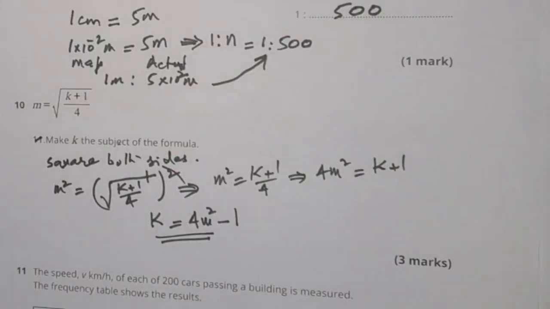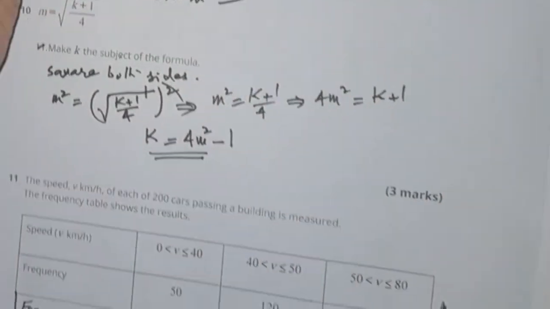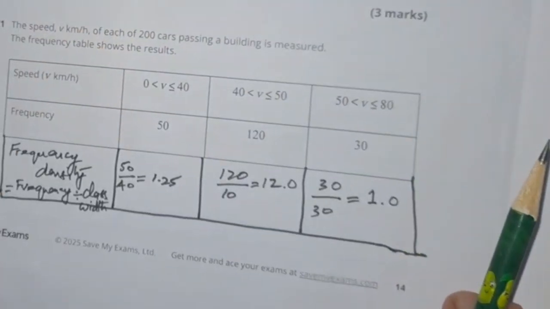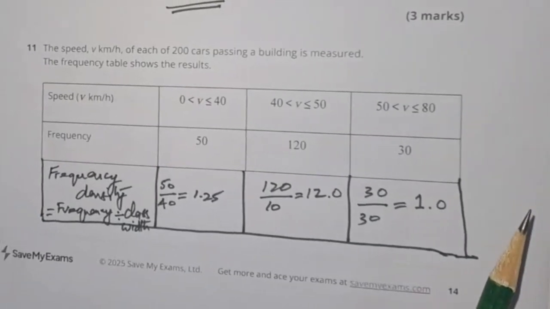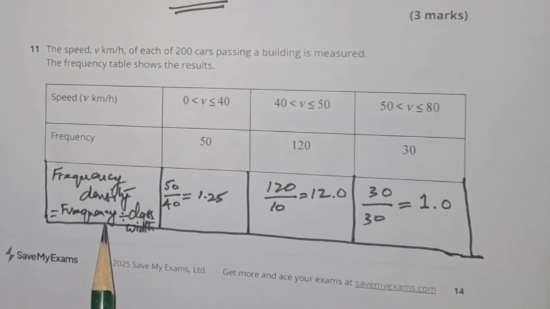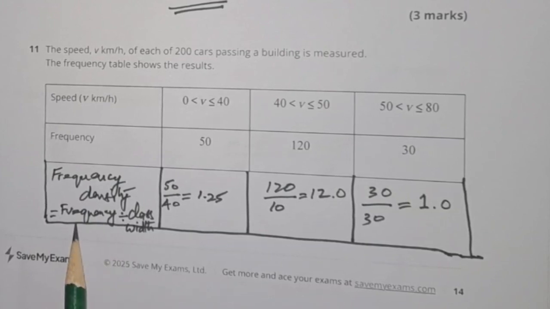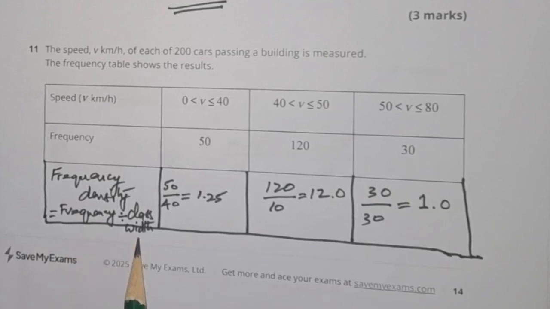And when we go back to the back page, we see that in the table there was no frequency density, so I have added a row of frequency density, and frequency density will be equal to frequency divided by class width.